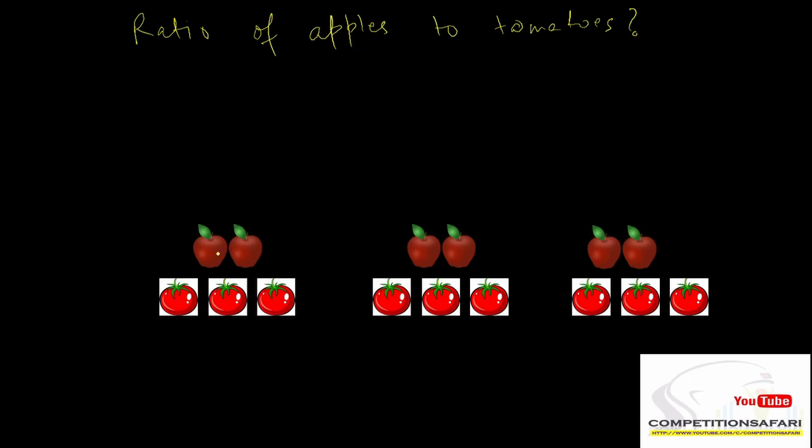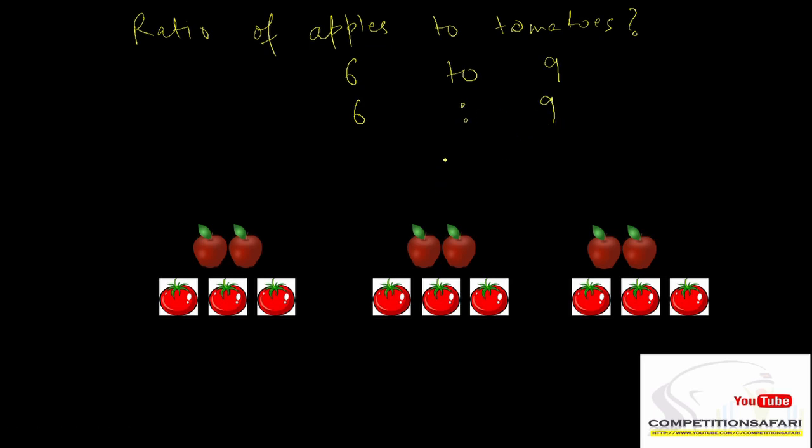So the total number of apples we have is 1, 2, 3, 4, 5, 6. 6 apples, and tomatoes is 1, 2, 3, 4, 5, 6, 7, 8, 9. 9 tomatoes. So the ratio of apples to tomatoes is 6 to 9. We can also denote it as 6:9.